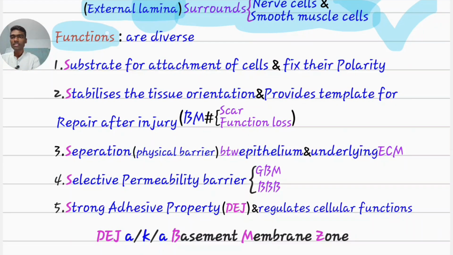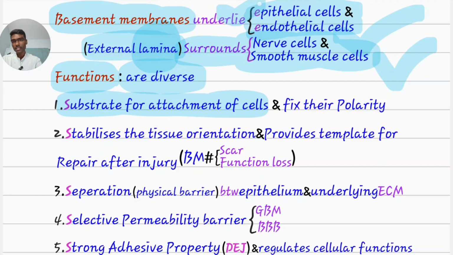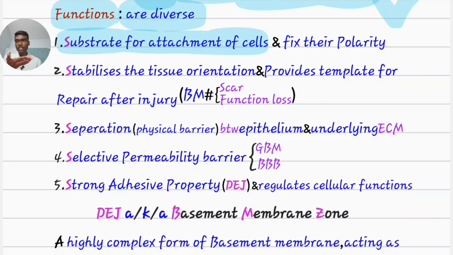Coming to the functions, basement membranes are diverse. Diverse means different. They perform different functions based on their location. We will see them one by one. First, acting as a substrate for attachment of cells, that is, epithelial cells and endothelial cells. For them, this basement membrane acts as a substrate for attachment.